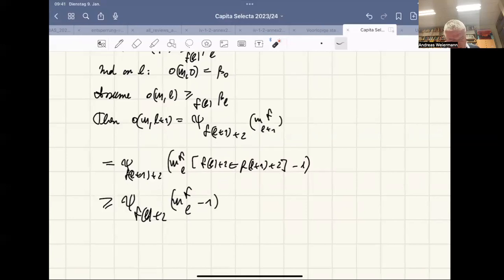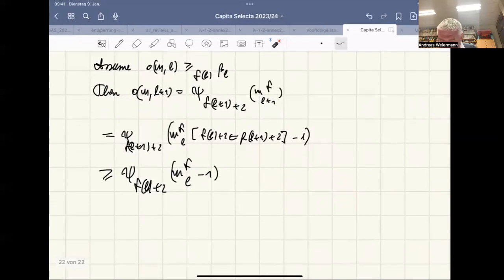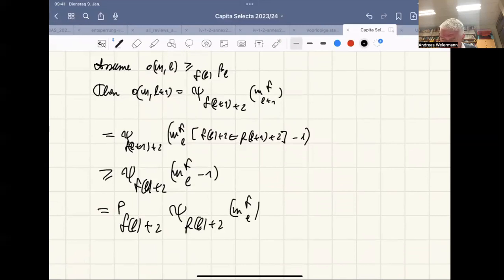Great. Anyway, it doesn't matter. Namely, the claim is now this is the same as the predecessor of f of L plus 2 of psi f of L plus 2 of MFL. So this comes later.